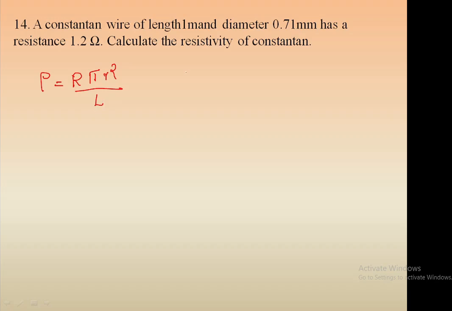So what are the values given? Here the resistance R is equal to 1.2 ohm, and instead of radius we are given the diameter. So the radius is d by 2, that is 0.71 by 2, which is equal to 0.355 millimeter.